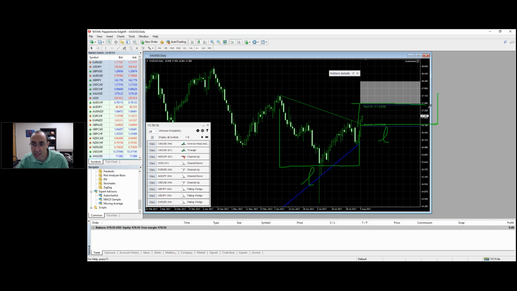It looks like the target is around 1748 on XAG USD. So we're waiting to see if it crosses that line, and we allow it some time to move, and if it does, then we say Autochartist made the right forecast. If it doesn't, then we put a little X next to it and say Autochartist didn't make the right forecast.